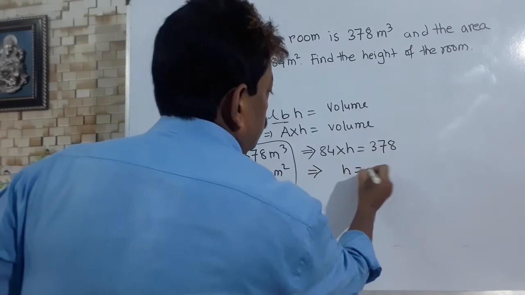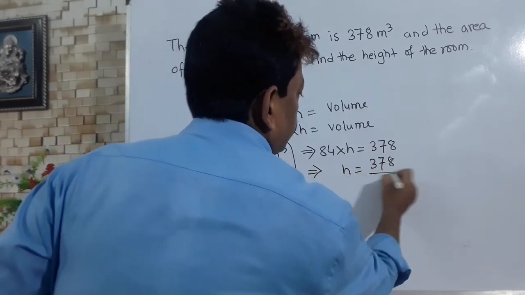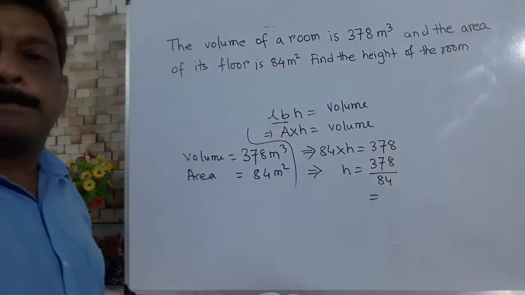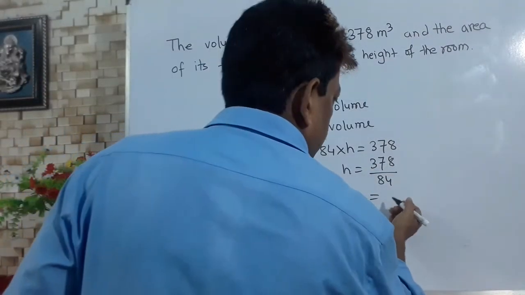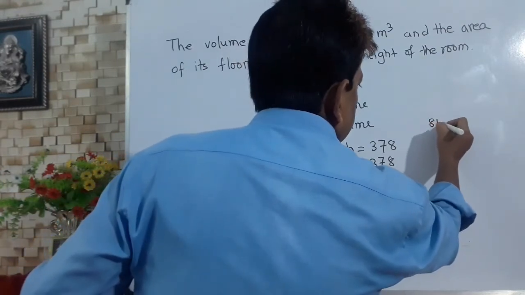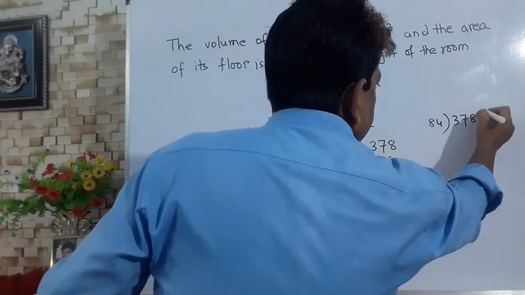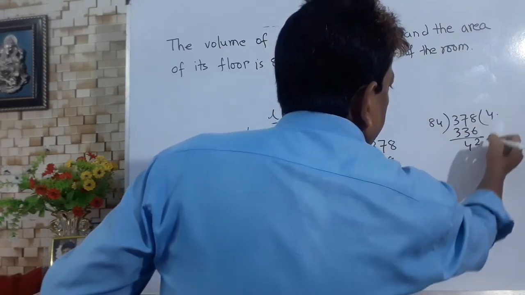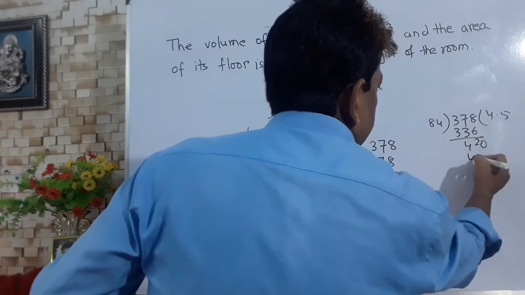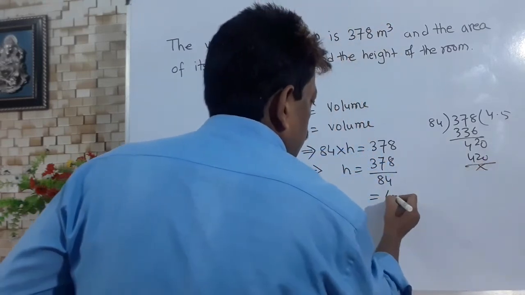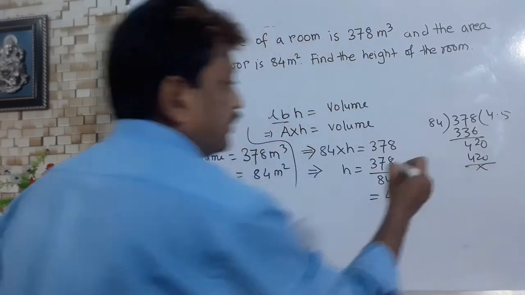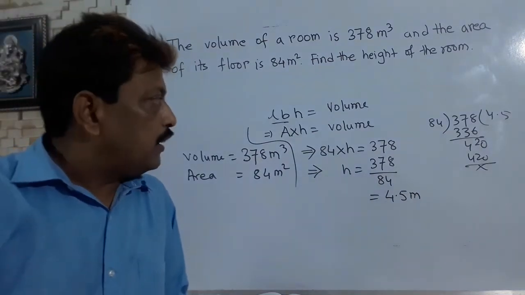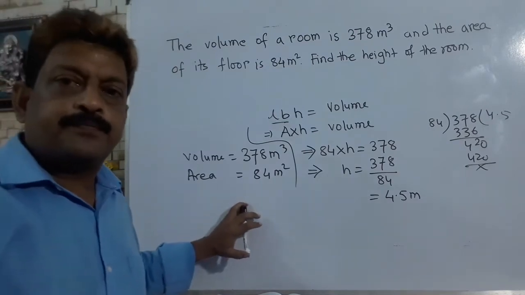So h is equals to 378 divided by 84. So by calculating this, 8 4s are 336, 24, 420, 5s are... So it is 4.5 meter. That is, the height of the room is 4.5 meter. Understood? Okay.